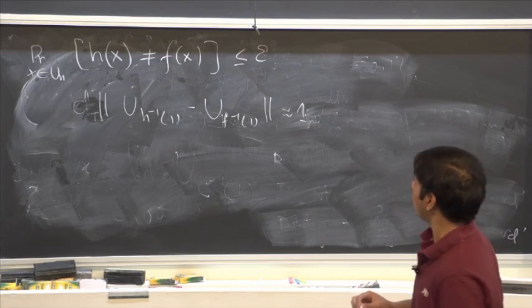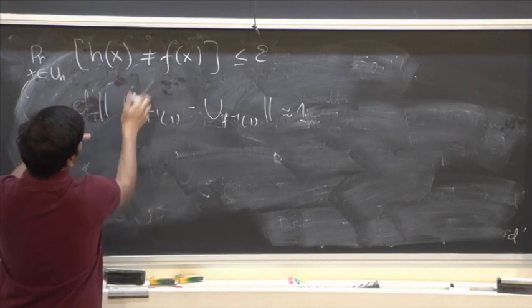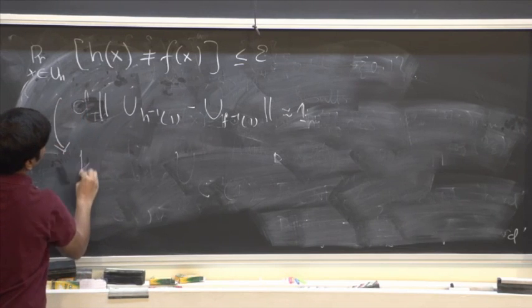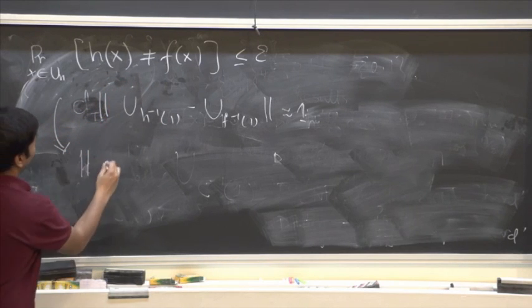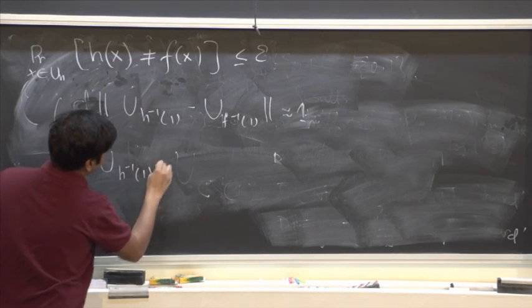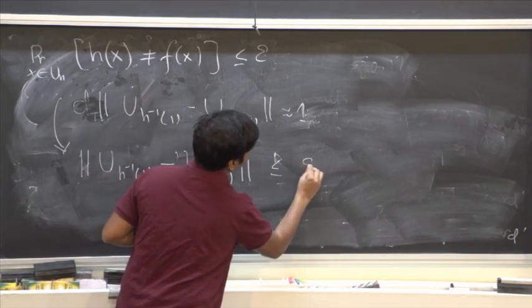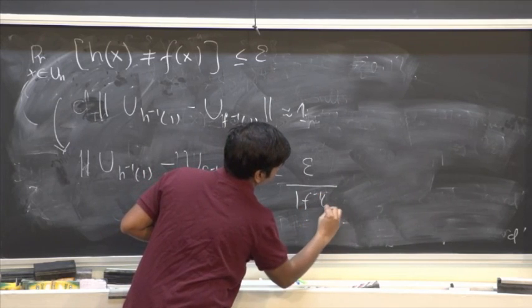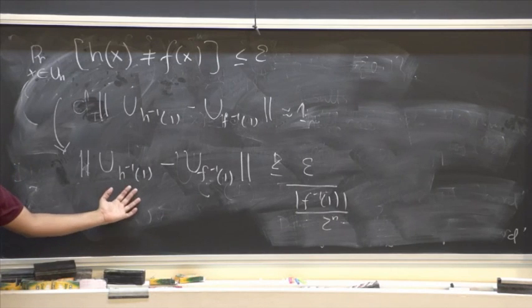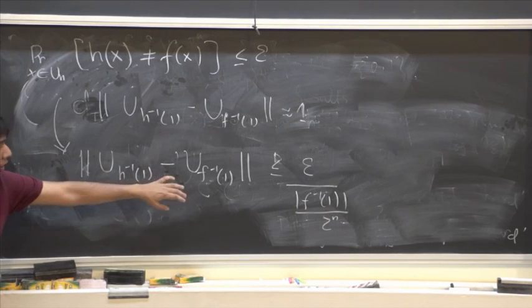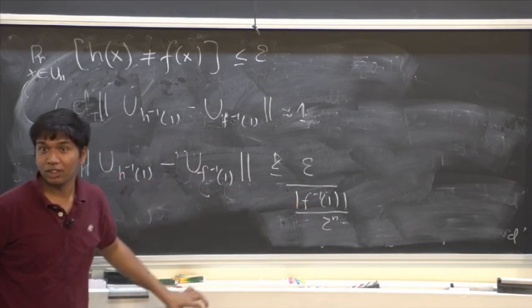What you can say certainly is that if this hypothesis does hold, what does get implied, however, is that the uniform distribution on h inverse 1 and the uniform distribution on f inverse 1 differ by epsilon divided by the density of f.